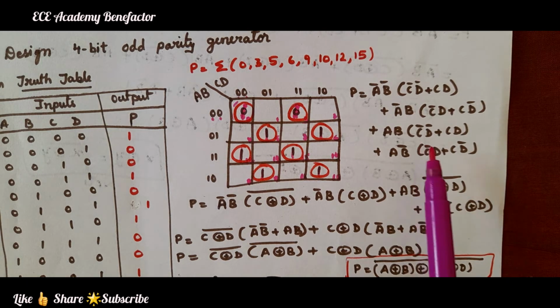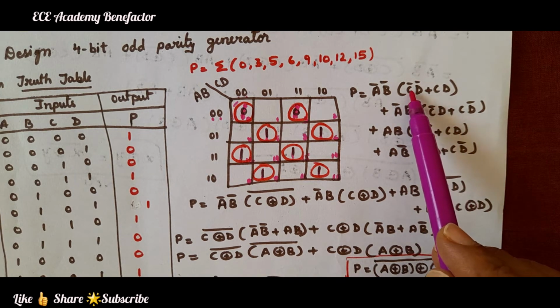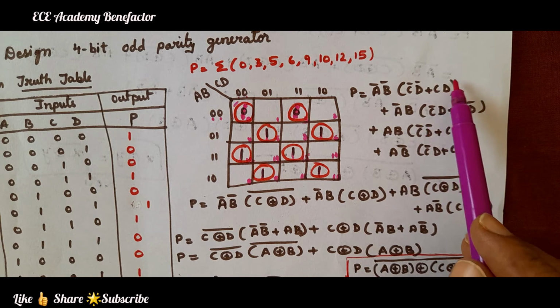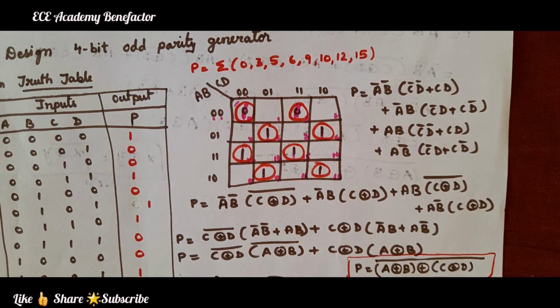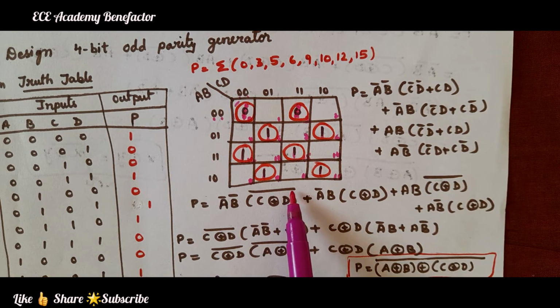Okay. So after that, this is C bar, D bar plus C, D. This is an XNOR gate. XNOR gate is written as C XOR D the whole bar.